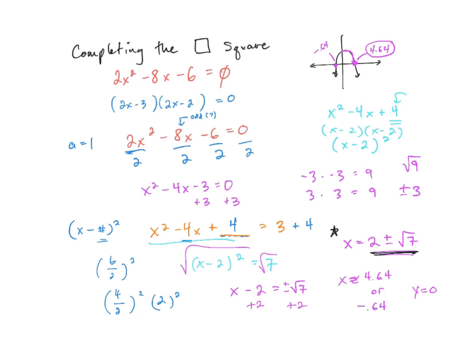So completing the square is an important step. Now again, this is going to take practice. You're not going to see this right away, but we will work on it. So this is completing the square, and again, this helps you find your zeros.